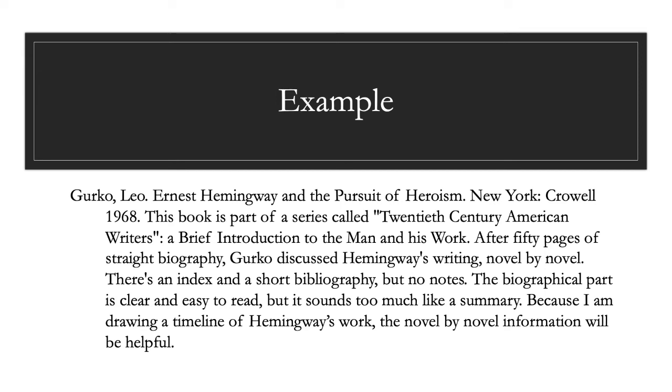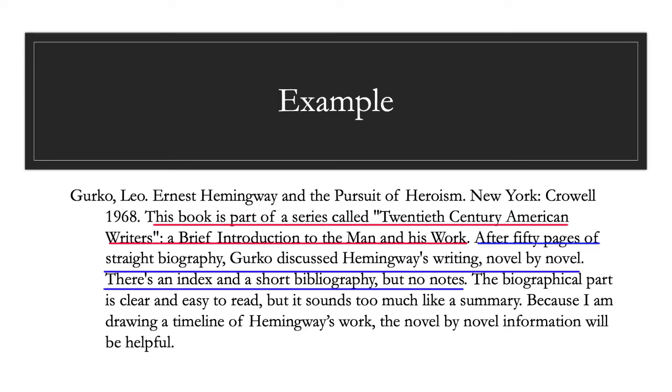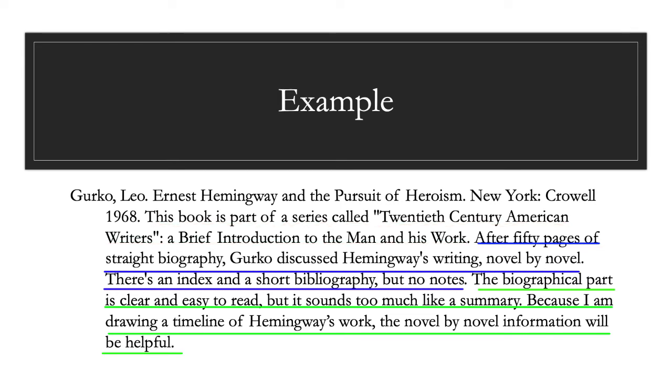Let's underline each piece of the example. First, the summary, then the evaluation, and then the reflection. The summary, underlined in red, is a very brief one-line description that you might tell someone if you were trying to describe the work to them. The evaluation, underlined in blue, tells us who the author is, Gurko.